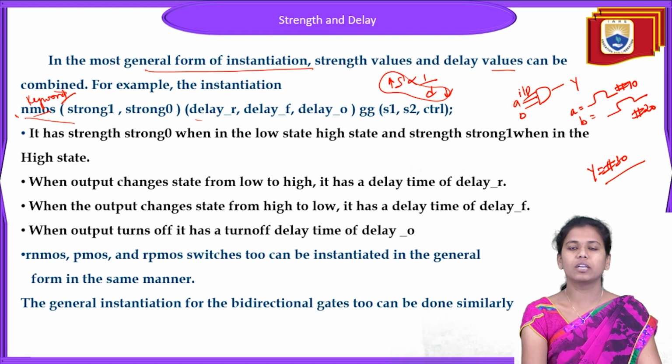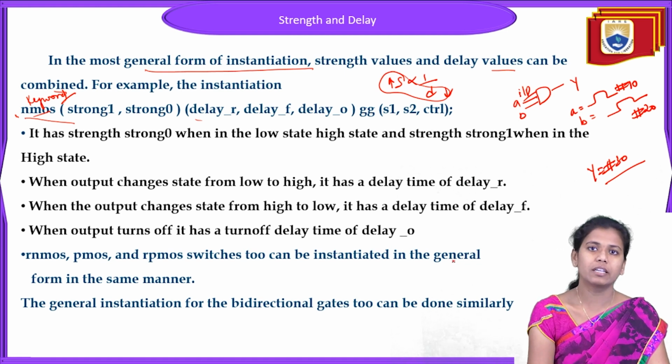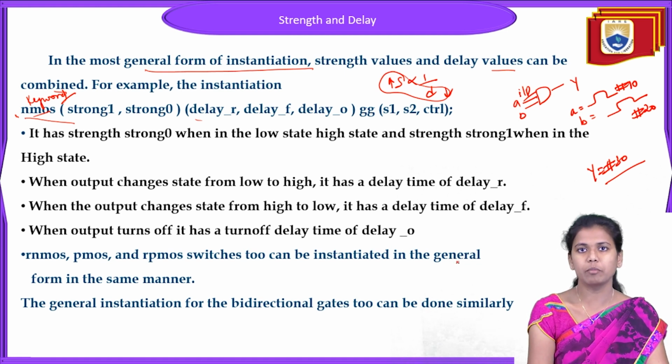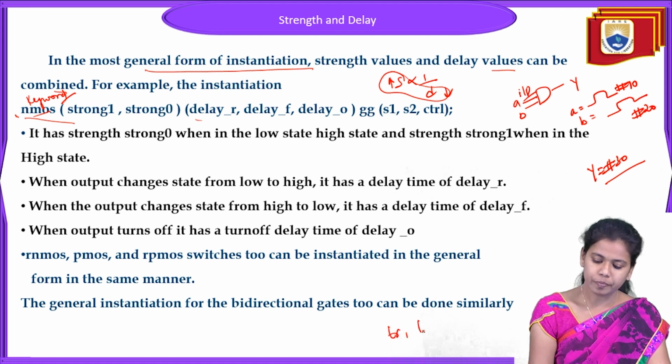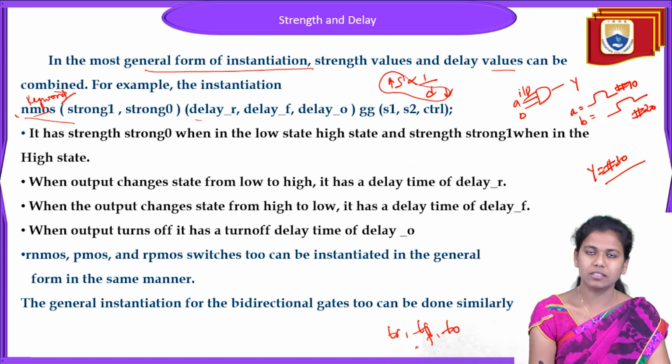When it comes to the delays, we have discussed that there are 3 types of delay representation: TR, TF and TO. TR is the rise time, TF is the fall time and TO is the turn off time.